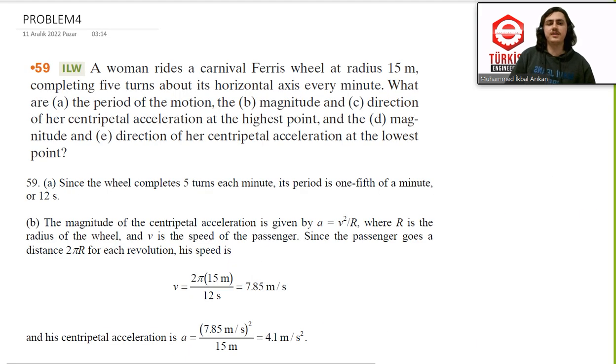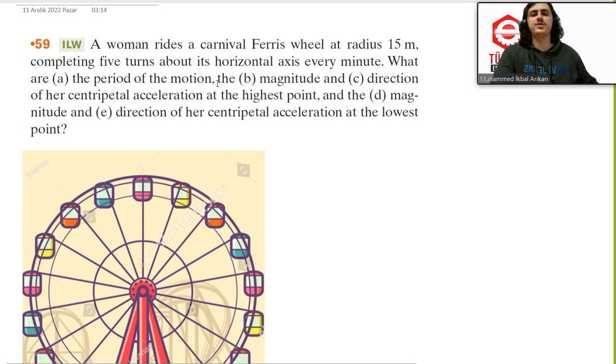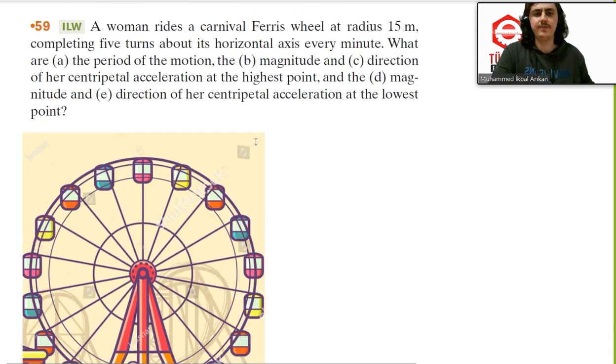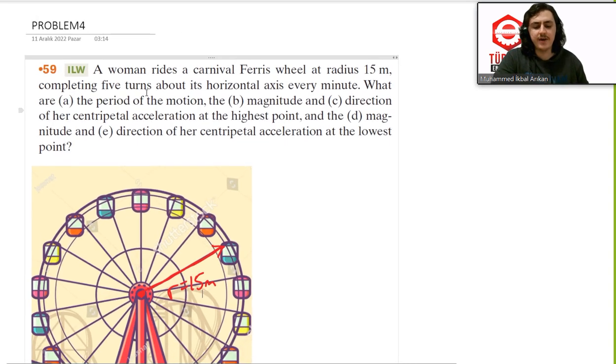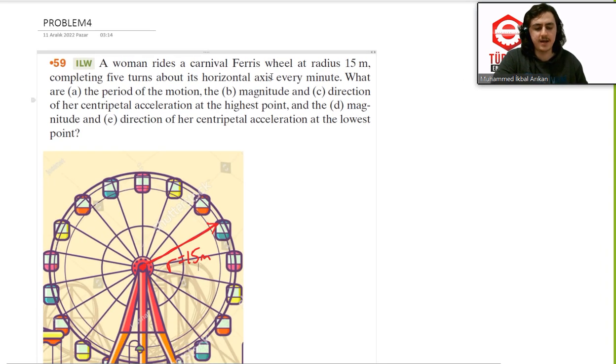So let's solve the second problem. A woman rides a carnival Ferris wheel with a radius of 15 meters. So let's put our radius from the center, which will be just 15 meters. It completes 5 turns about its horizontal axis every minute.